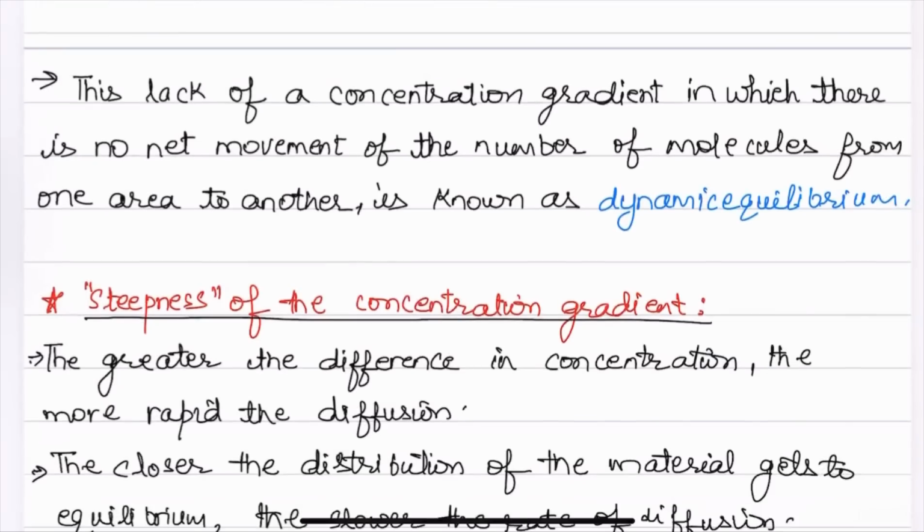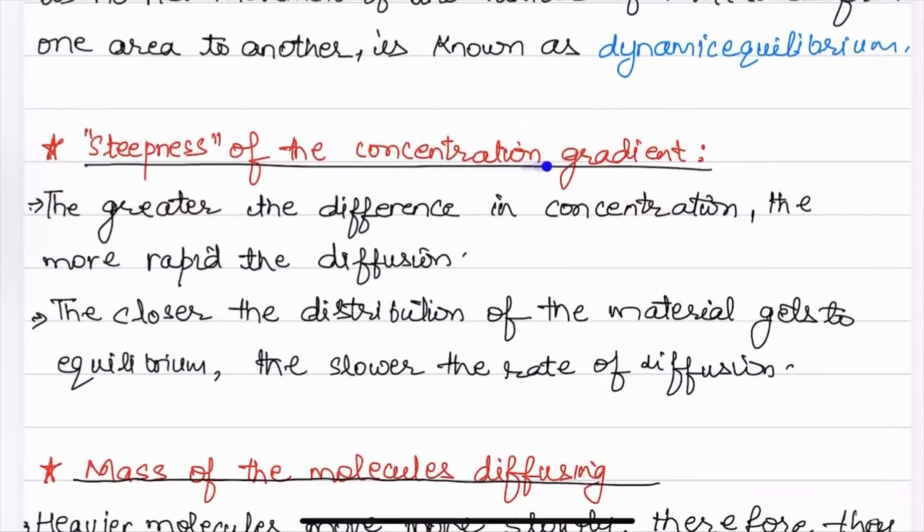So the first factor which affects it is the steepness of the concentration gradient. How steep the concentration gradient is, that is, what is the difference in concentration across the membrane. The greater the difference in concentration, the more rapid the diffusion. So we can show it like this. This is the outer membrane and this is the inner membrane.